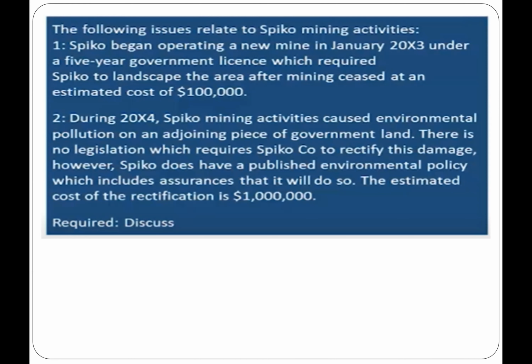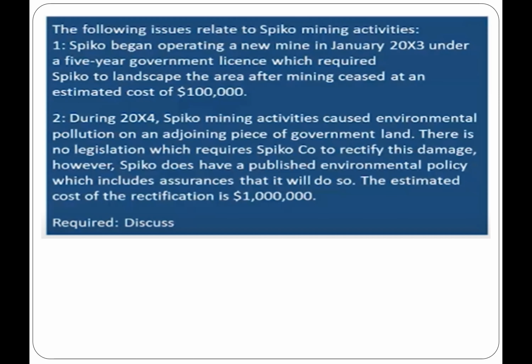In the event that the landscaping cost is actually less, let's say, for example, our landscaping cost is 80,000, we are going to debit provision by 100,000, and then we are going to credit the bank by 80,000, which is the actual amount of money that we are going to require to do the landscaping.